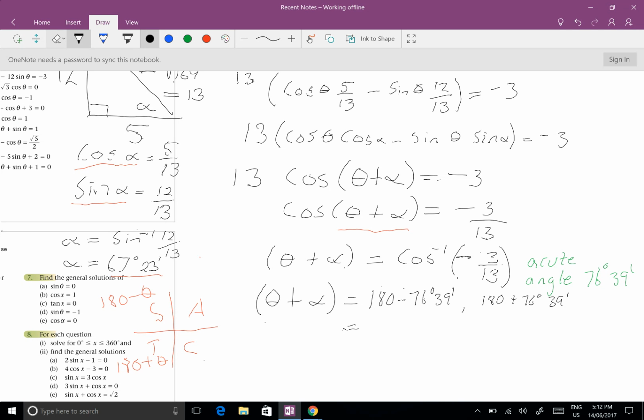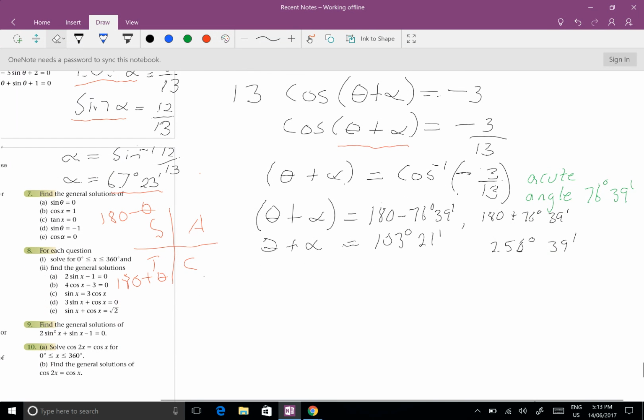All right, so theta plus alpha, so I go 180 plus that, and I get 256 degrees, 39 minutes. And if I go 180 minus it, I get 103 degrees and 21 minutes.